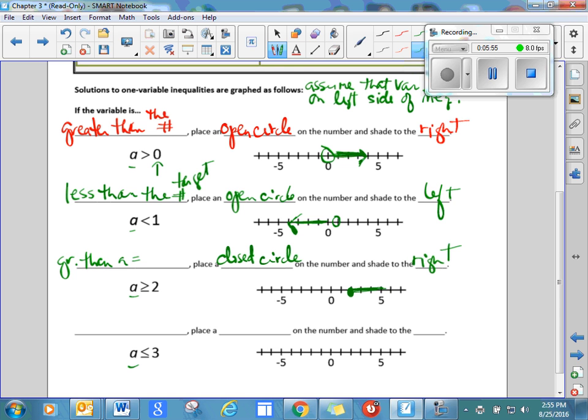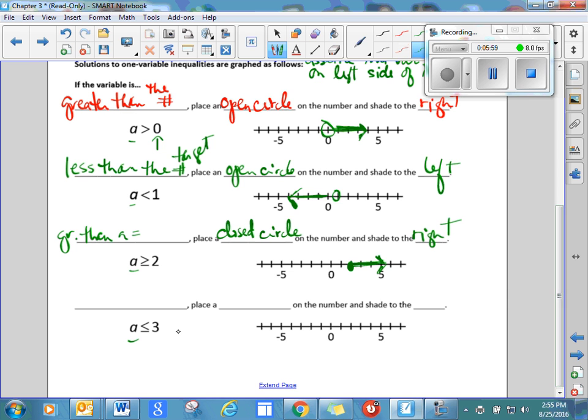Shading to the right, I'm picking up all the larger numbers. And then the last example is if your target number is less than or equal to, place the entirely closed circle on the number line and shade to the left.